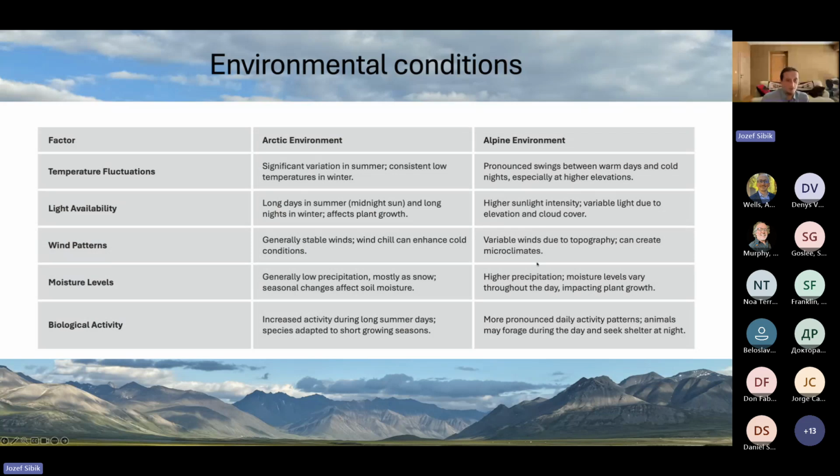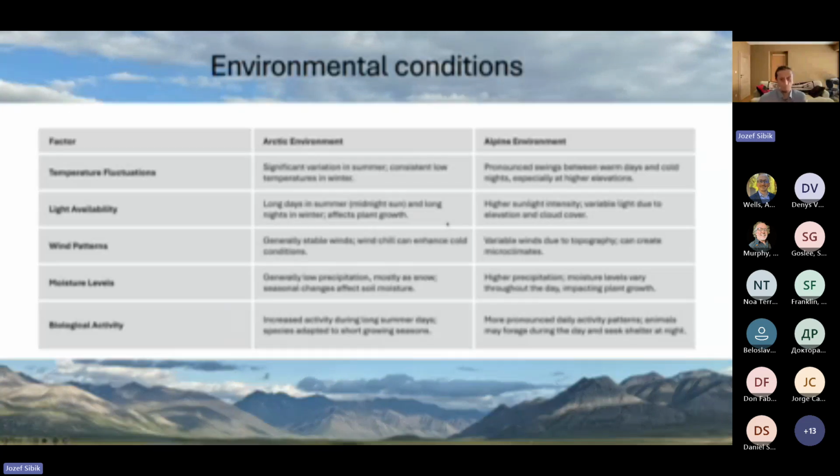When we look at the Alpine environment, we see changes between day and night, in contrast to the Arctic, where there is a long summer and a long winter. There are also differences in light availability, wind patterns, moisture level, and biological activity.